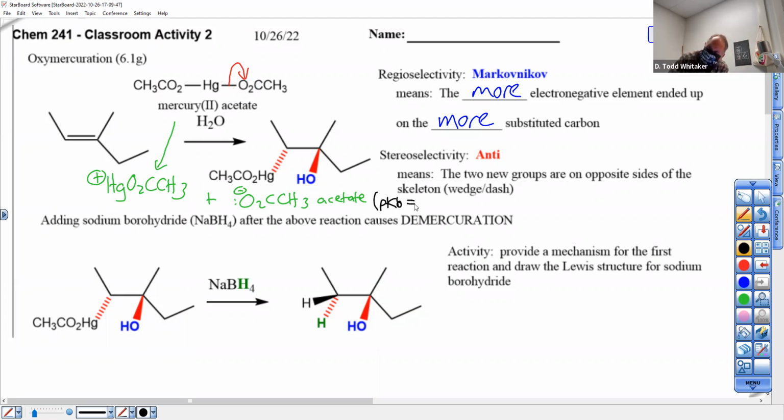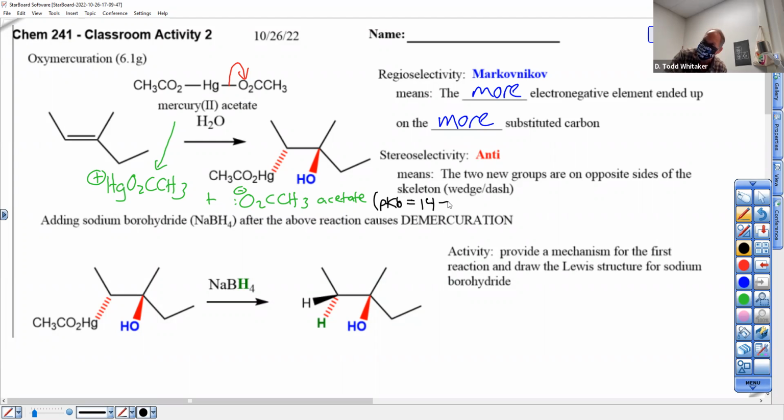And looking ahead, since we're on this kick, can you tell me the pKb? Tell me how to work it out first. You can just start by saying 14 minus. I need the pKa of what? The conjugate acid of acetate is called acetic acid.